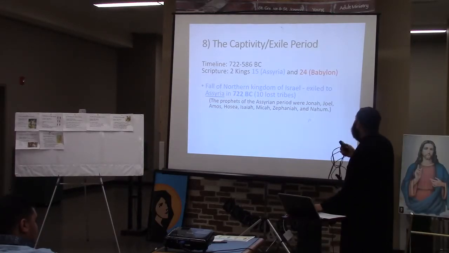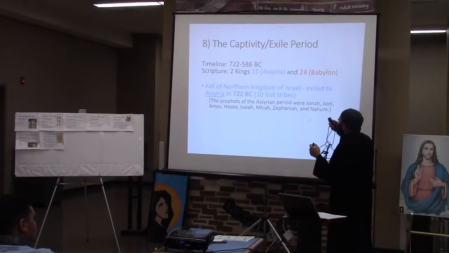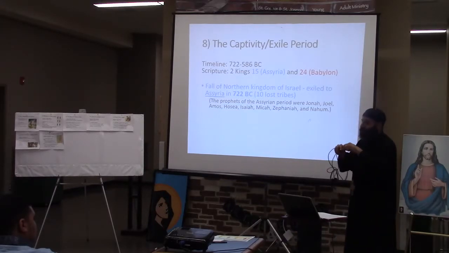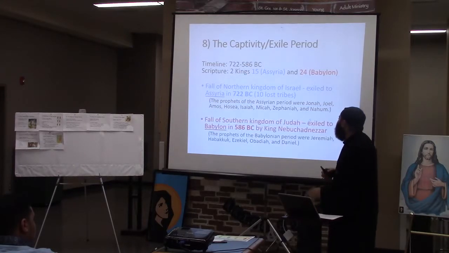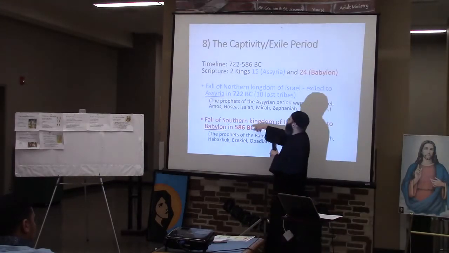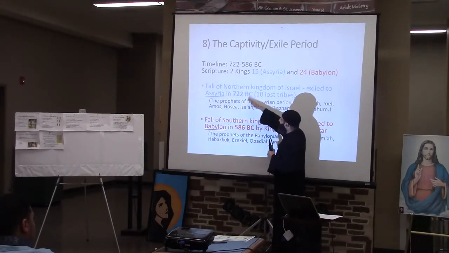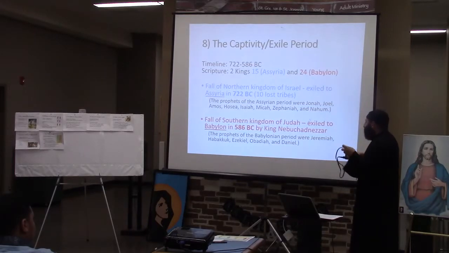And then there are the prophets as well. These people spoke to the people even when they were in the Assyrian captivity. And then the southern kingdom of Judah lasted a little bit longer, about 150 years later.